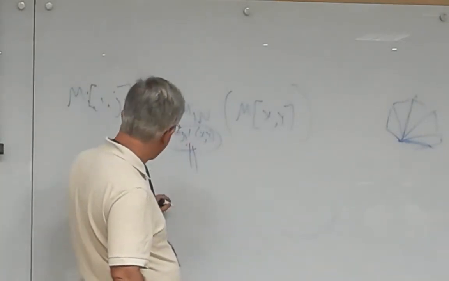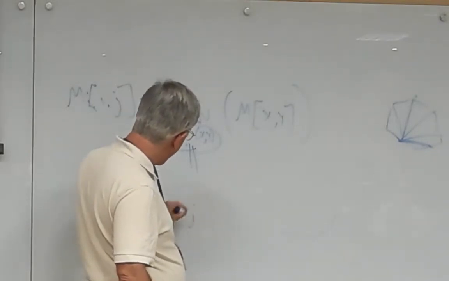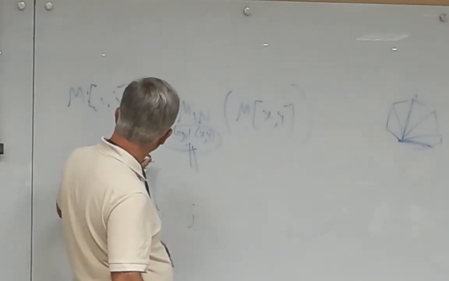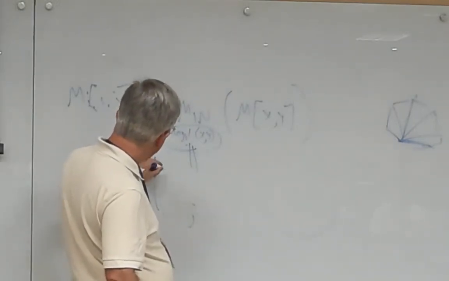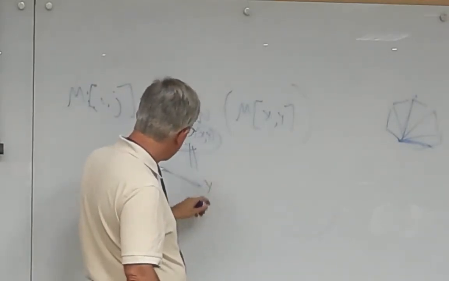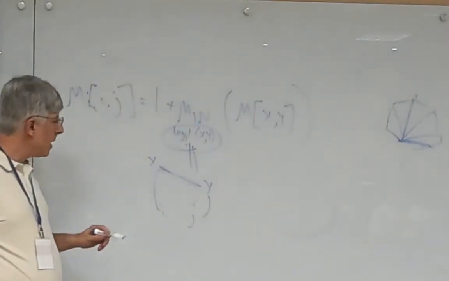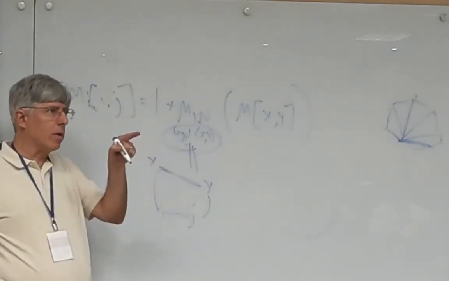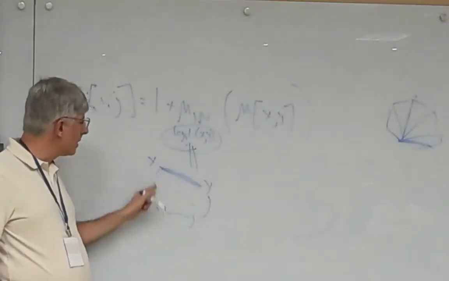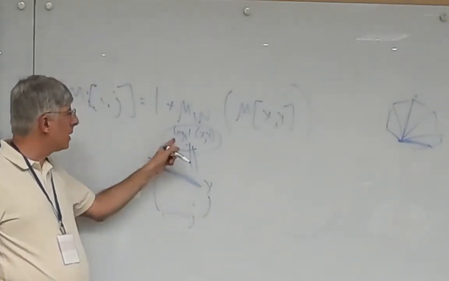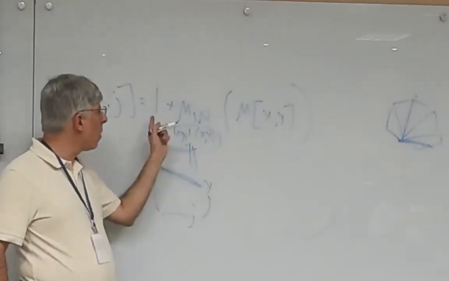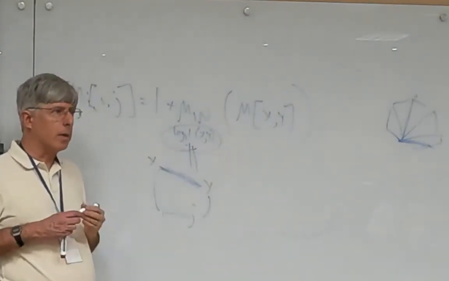Means that from i to j, from i to x, from x to y is one edge, and from y to i means that this is a convex region. If adding xy leaves a convex region, it's a legal chord to consider. And then I will simply take the min, 1 plus the min of all of these possibilities.